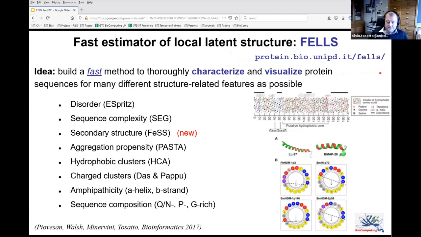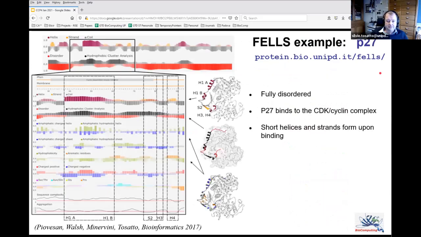And the goal here was to have a tool which can be applied to any sequence of interest and returns results within a few seconds by giving all the different propensities for secondary structure, disorder, the presence of aggregating regions, hydrophobic clusters, and the presence of charged clusters, or even amphipathicity, or the composition of the sequence. So let me show you an example and how this can be useful.